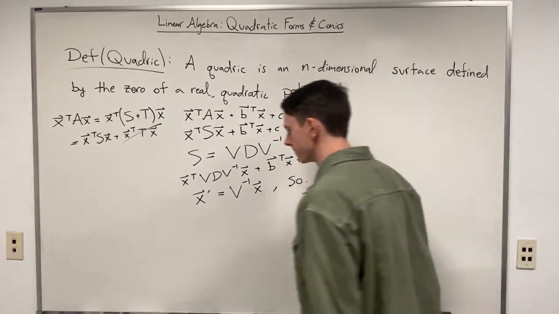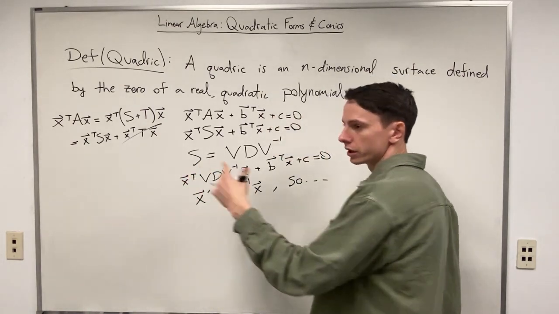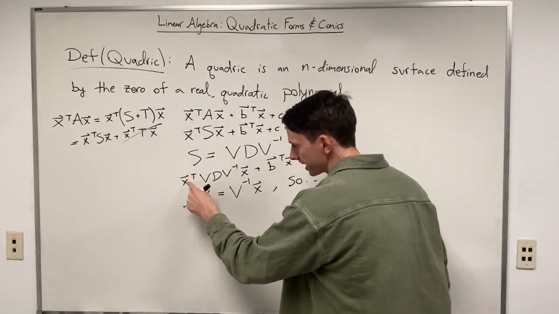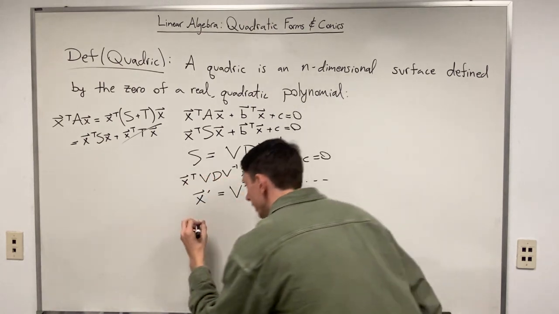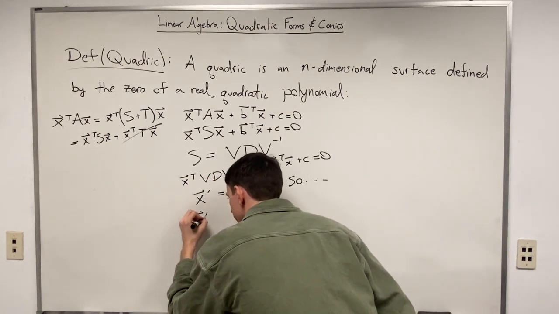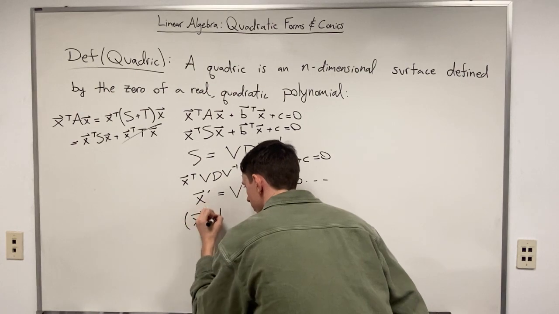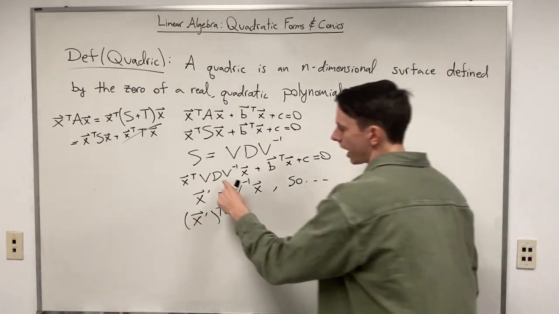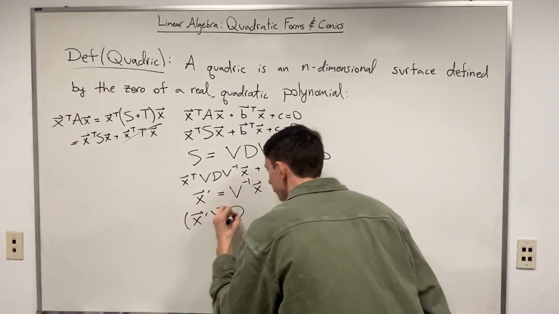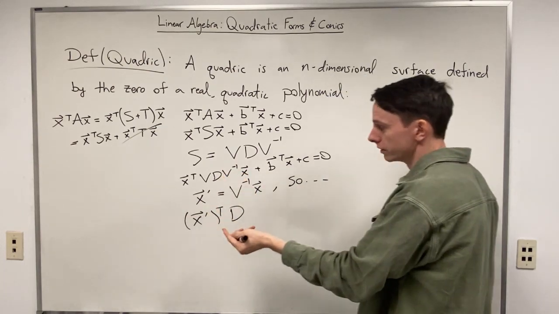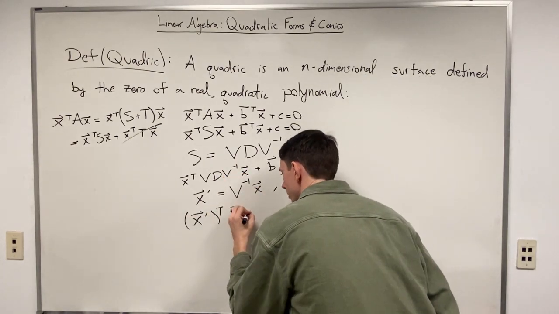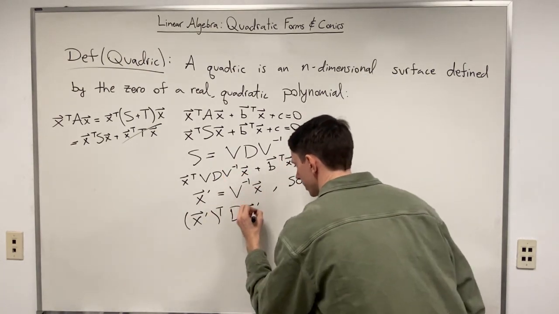This is what I would get. We've already shown in the previous whiteboard that the quantity x transpose V is really just this new vector, x prime transposed. I have my diagonal matrix D. Then the definition of x prime, V inverse x, prime, like that.